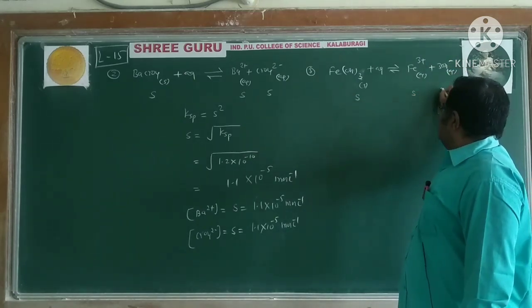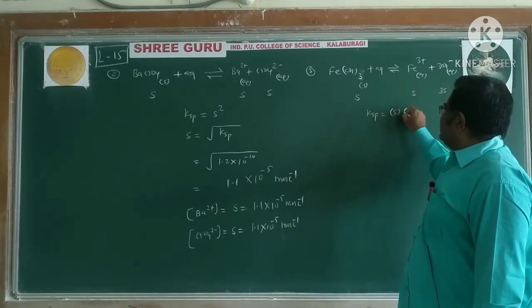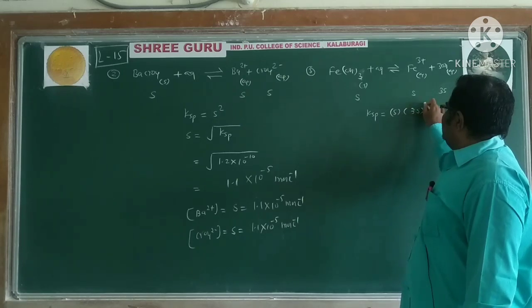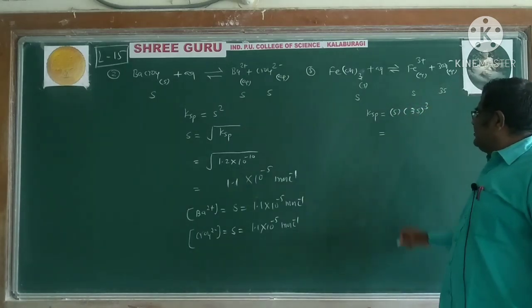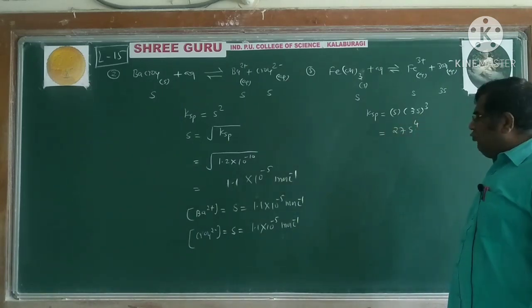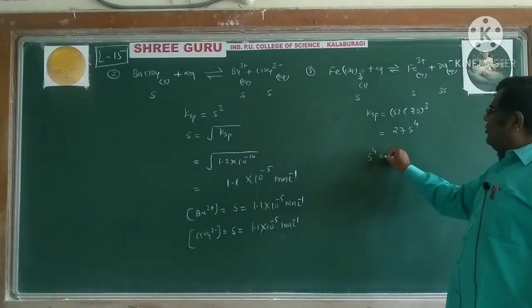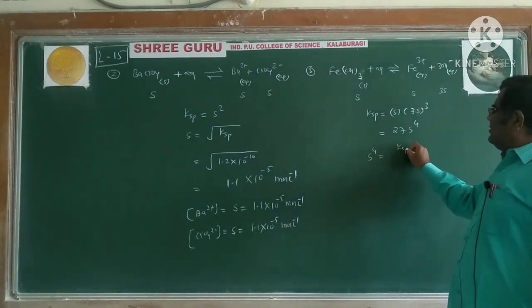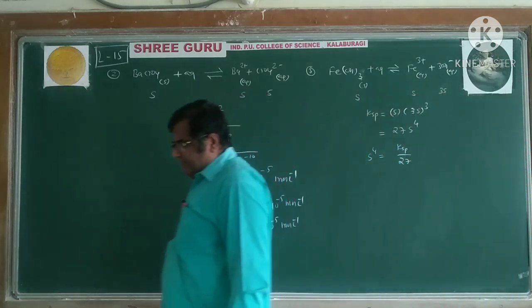The Fe3+ is S, and the OH minus is 3S. Ksp is equal to S times (3S) cube. That's why it is 27 S4. So S4 is nothing but Ksp by 27.